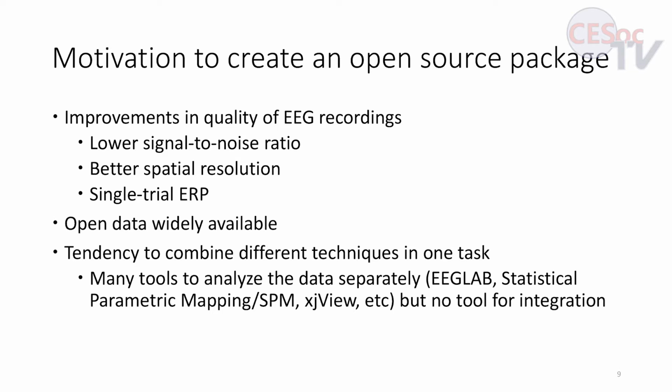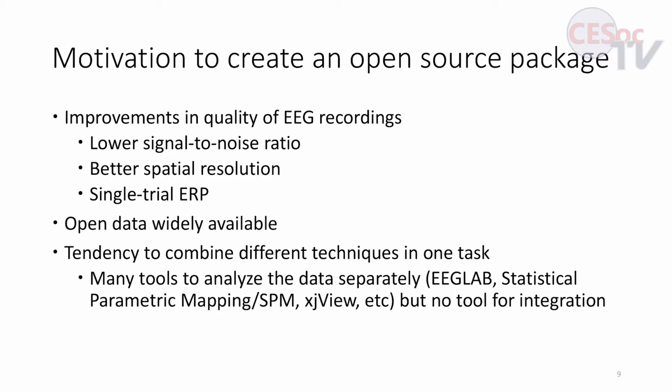And this motivated us to create an open source package, especially because now we see a dramatic improvement in quality of EEG recordings. Now when the signal to noise ratio is lower, we cannot just average things out and say that, well, everything else was just noise.